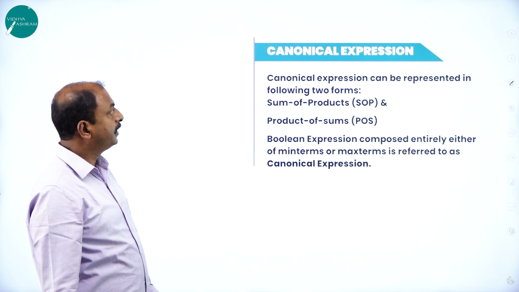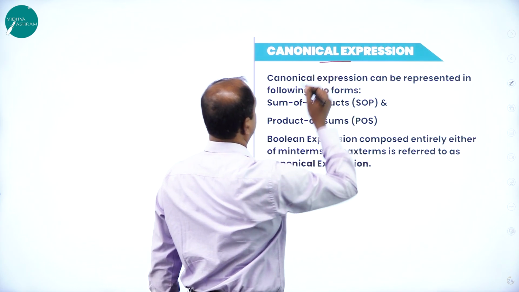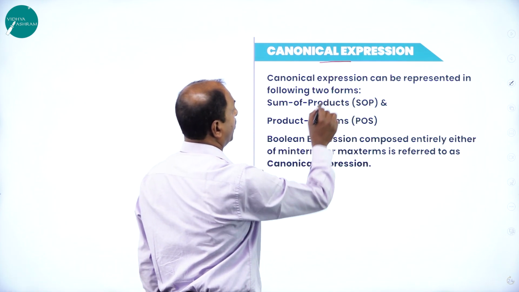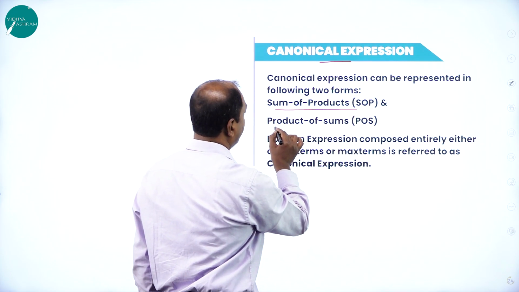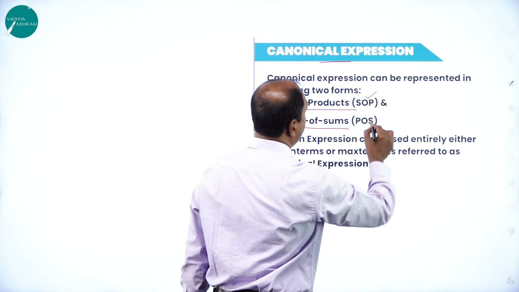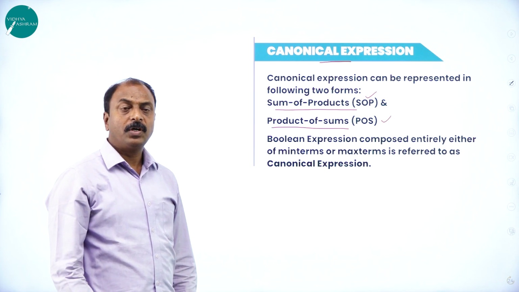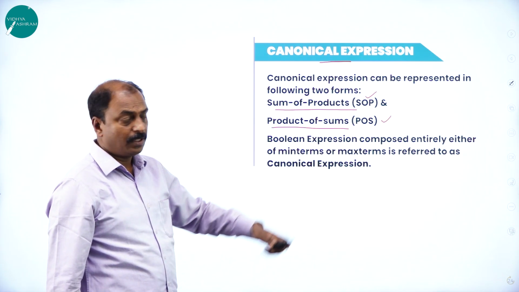In the next slide, the next definition is: what is a canonical expression? A canonical expression can be represented in two forms. One is sum of products form, and the second is product of sums form. We say SOP and POS. SOP stands for sum of products and POS stands for product of sums.